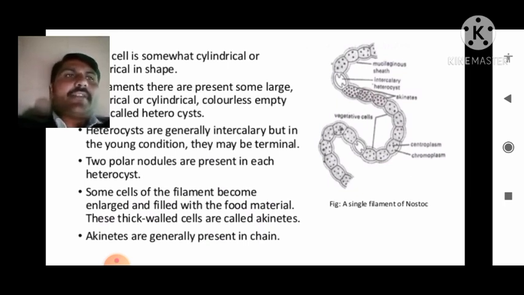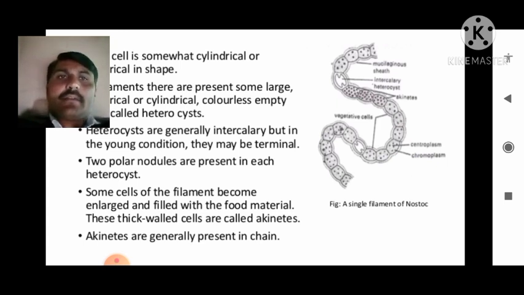Some cells of the filaments naturally enlarge, become bigger in size than normal, and these cells are filled with food material.